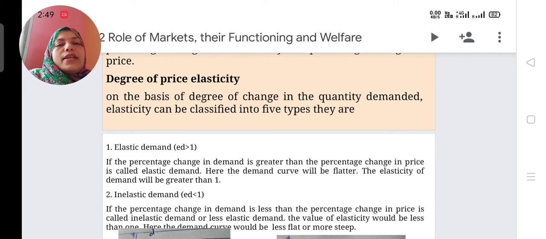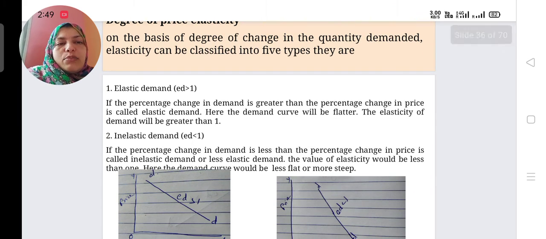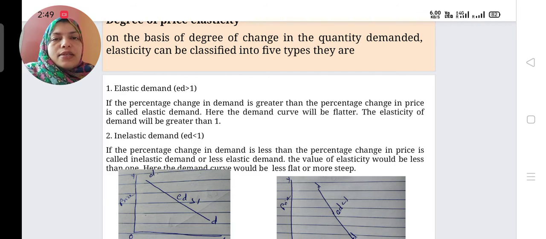Then inelastic demand. If the percentage change in demand is less than the percentage change in price, it is called inelastic demand or less elastic demand. The value of elasticity would be less than 1. Here the demand curve would be less flat, or more steep.